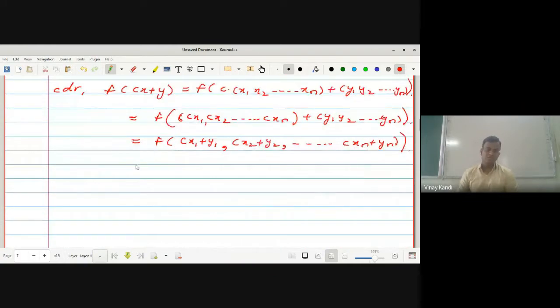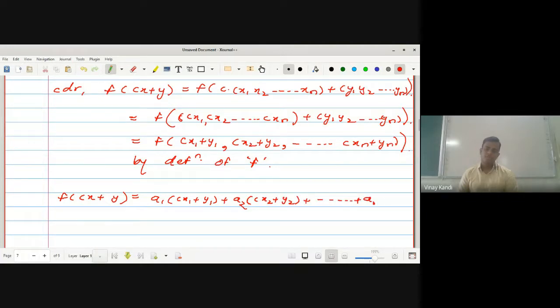So by the definition of small f, f of cx plus y is equal to a1 times (cx1 plus y1) plus a2 times (cx2 plus y2) up to an times (cxn plus yn), where each ai belongs to capital F. Any doubt up to here?